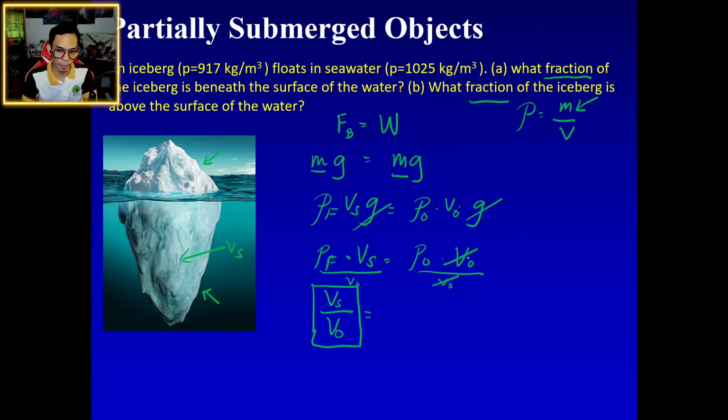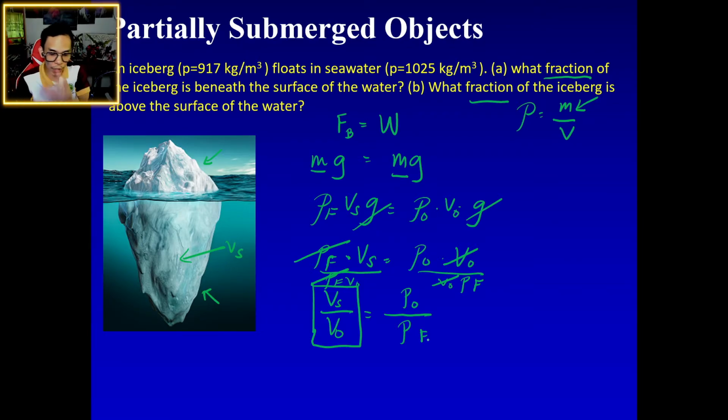So the V sub O cancels in the process. And since we have P sub F over here, we divide both sides by P sub F, the density of the fluid. So we get the density of the object divided by the density of the fluid.